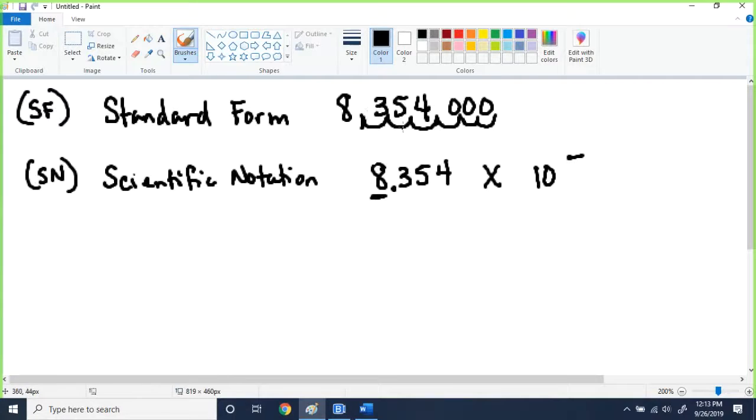So we went 1, 2, 3, 4, 5, 6. Okay, so it's going to be a positive 6. So you start from the decimal and you just count out the jumps to the right from where you initially put the decimal all the way out to the end of the zeros.